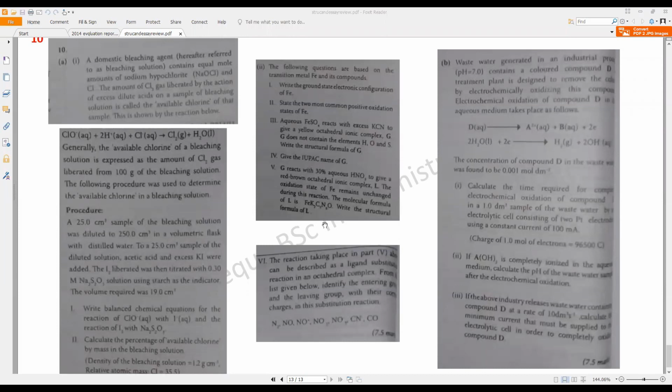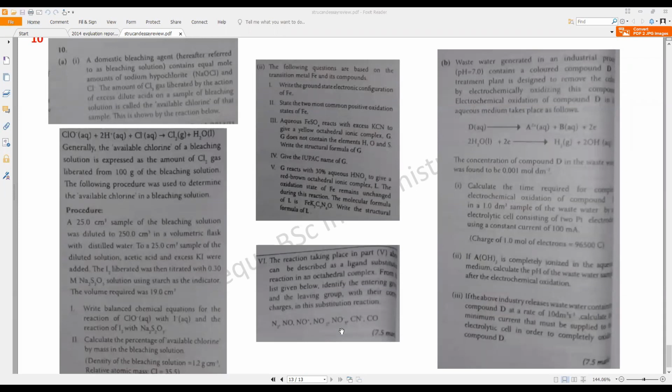And the reaction taking place in part 5 can be described as a ligand substitution reaction in an octahedral complex. That is a ligand substitution because there are CN5 initially, which is octahedral, and one of the CN is replaced by NO to form another octahedral. So from the list given below, identify the entering group and the leaving group with their charges in this substitution reaction. What has happened here?